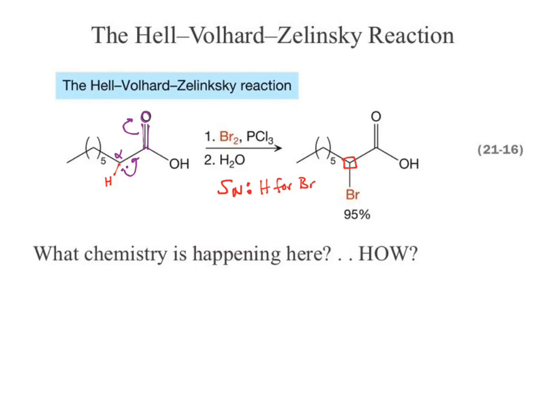However, carboxylic acids do not have acidic alpha hydrogens. Why do they not have acidic alpha hydrogens? Because the hydrogen on the oxygen is the most acidic. They have more acidic hydrogens on the outside. That's why they're called carboxylic acids.